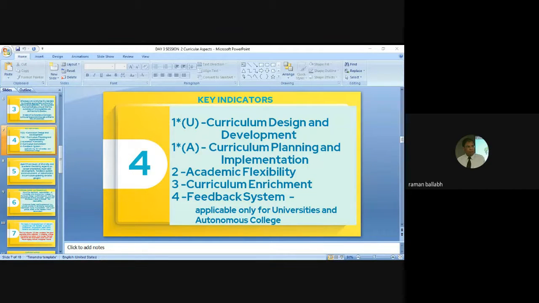Political science has changed its dynamics from political science to political analysis.